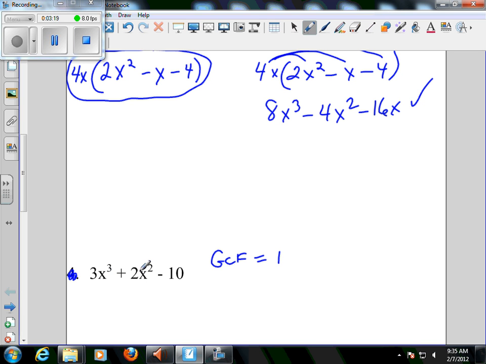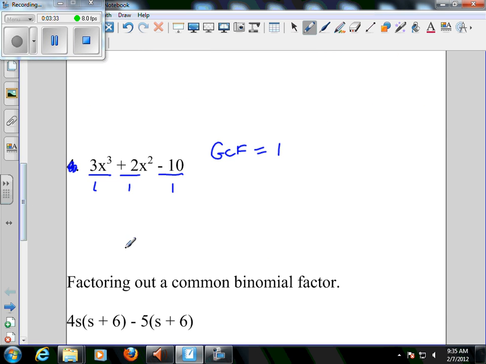And for x cubed, x squared, and there is no x in the last term, so we can't have an x as part of our GCF. So now if our GCF is just 1, if you go to divide every term by 1, you just get the same answer back. So really, you're not getting ahead of the game at all. You just simply cannot factor this. So we're going to say this cannot be factored.